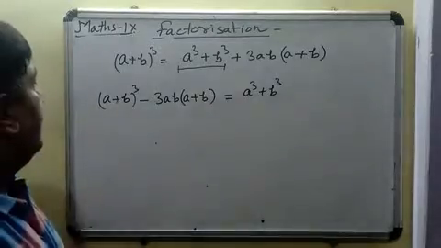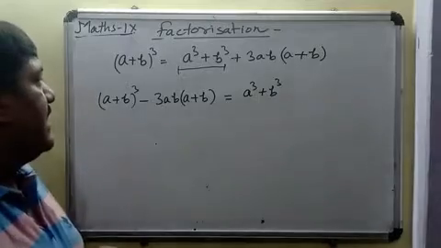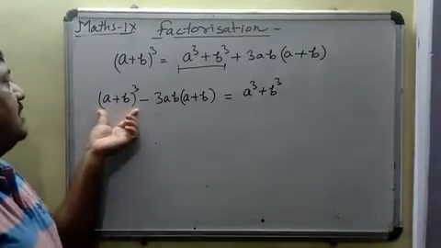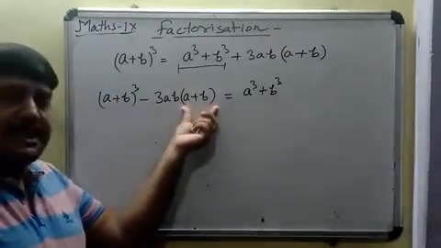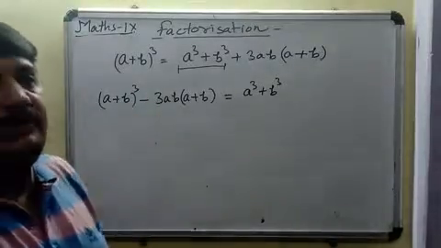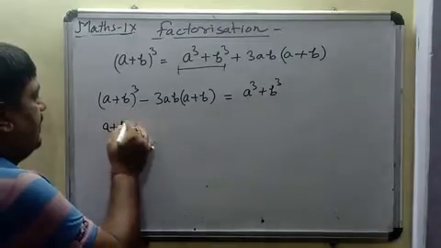So students, we have this algebraic expression on the LHS, and we can see that this (a + b) is there 3 times here and 1 time here. So we can take (a + b) as common for 1 time. (a + b) is common.